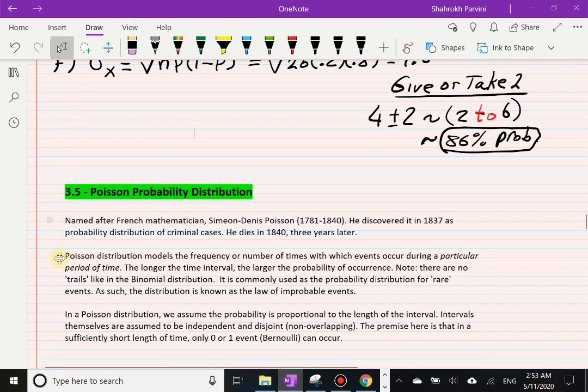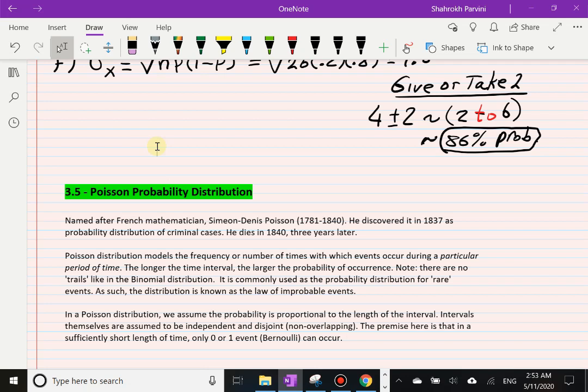But the Poisson distribution is actually a very useful distribution, and it often models the number of times that events occur in a given time interval. It's important to note that there are no number of trials like we had in the binomial distribution. Instead, we have a time interval inside of which these events could occur.